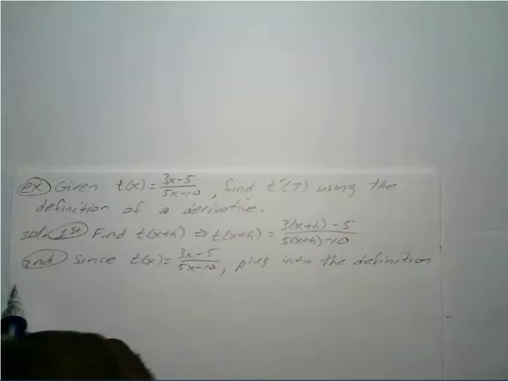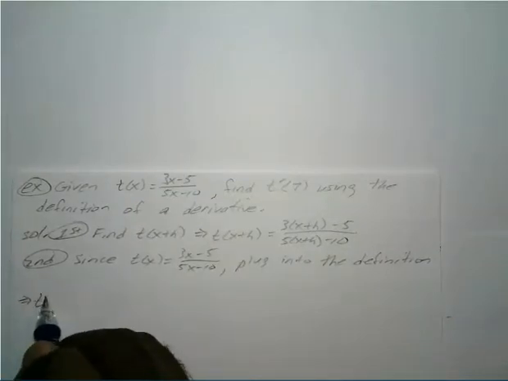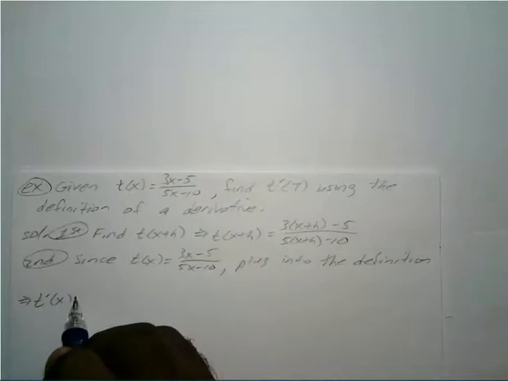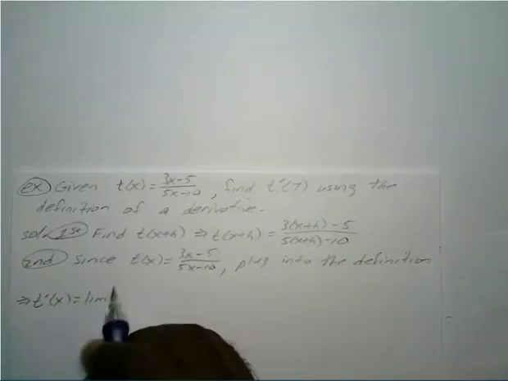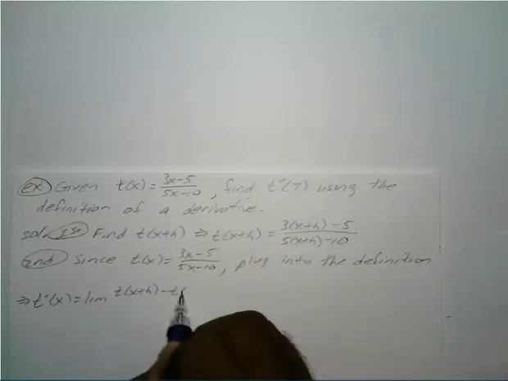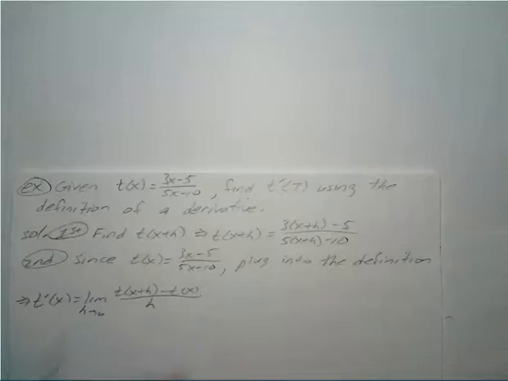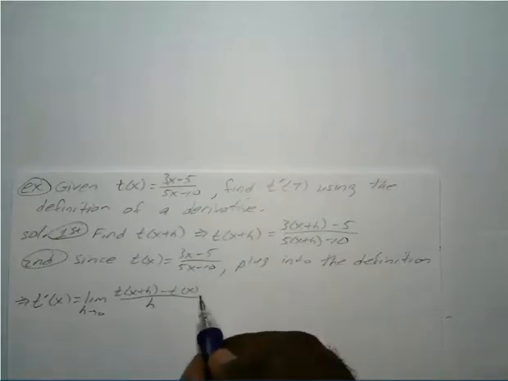All right, so we know that our t prime of x is equal to the limit of t of x plus h minus t of x, all over h, as h approaches 0. Okay, so now we just put in our functions that we figured out already.